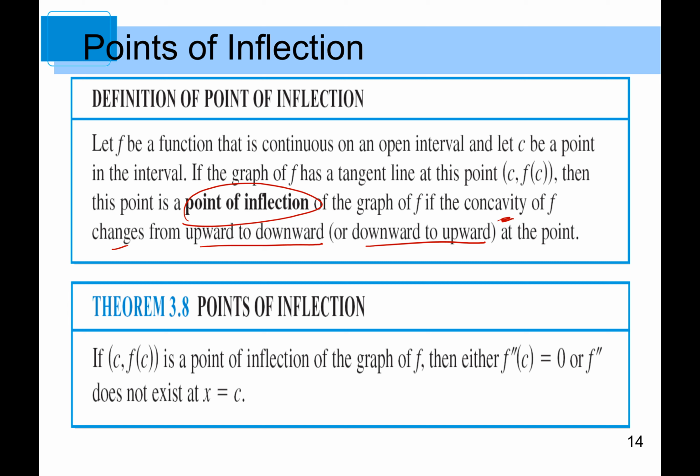Point of inflection theorem: if c comma f of c is a point of inflection of the graph of f, then either f double prime of c equals 0, or the second derivative does not exist at x equals c, meaning it's undefined.